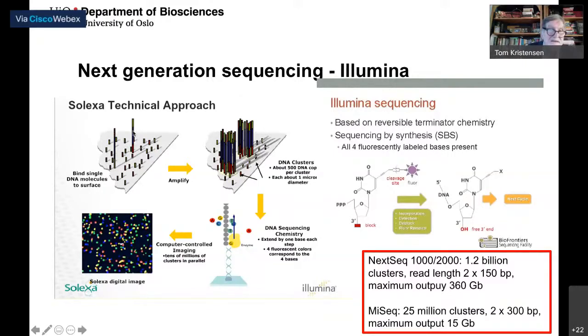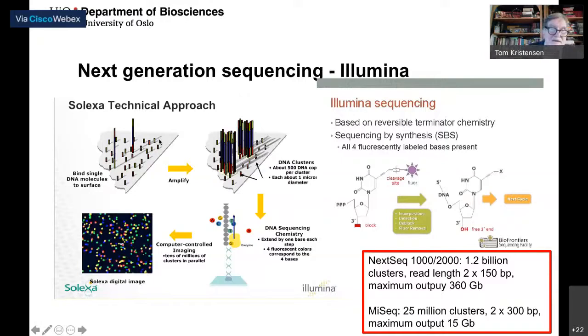Then by a really ingenious technique, each of these bound fragments was amplified, and the amplification using PCR was performed in such a manner that we get clusters of identical DNA sequences, each located in a specific cluster on this substrate.